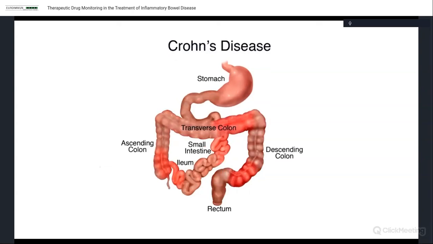Crohn's disease, on the other hand, can affect any part of the intestine from the mouth to the anus and has a more patchy distribution of inflammation as opposed to the more continuous distribution in ulcerative colitis. Most commonly in Crohn's disease, the last part of the small bowel, called the ileum, and the colon are affected.